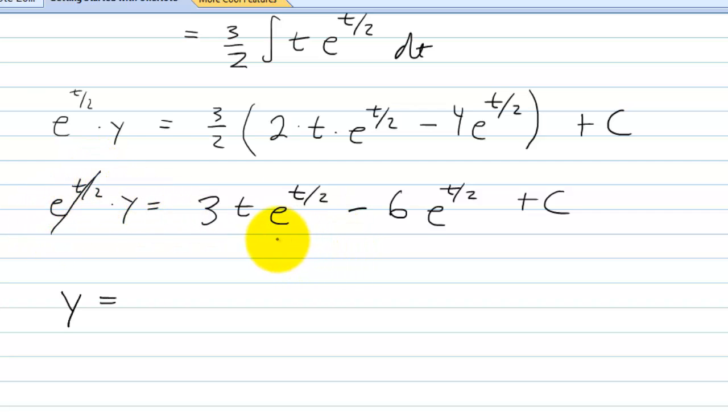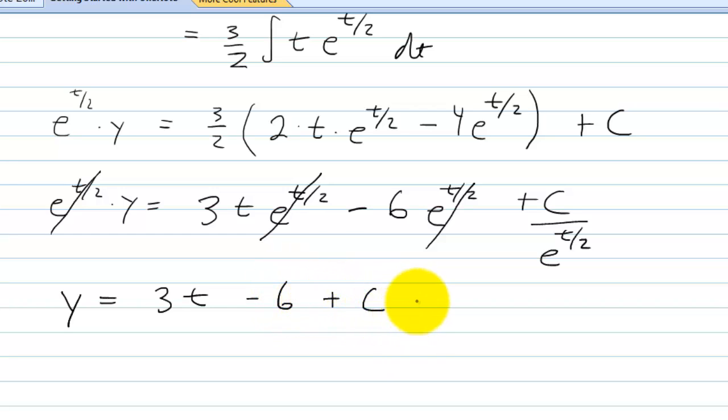It's going to get rid of it here, and instead here, it's just going to be divided by e to the t divided by 2. So it's going to be 3t minus 6 plus c times e to the negative t divided by 2.